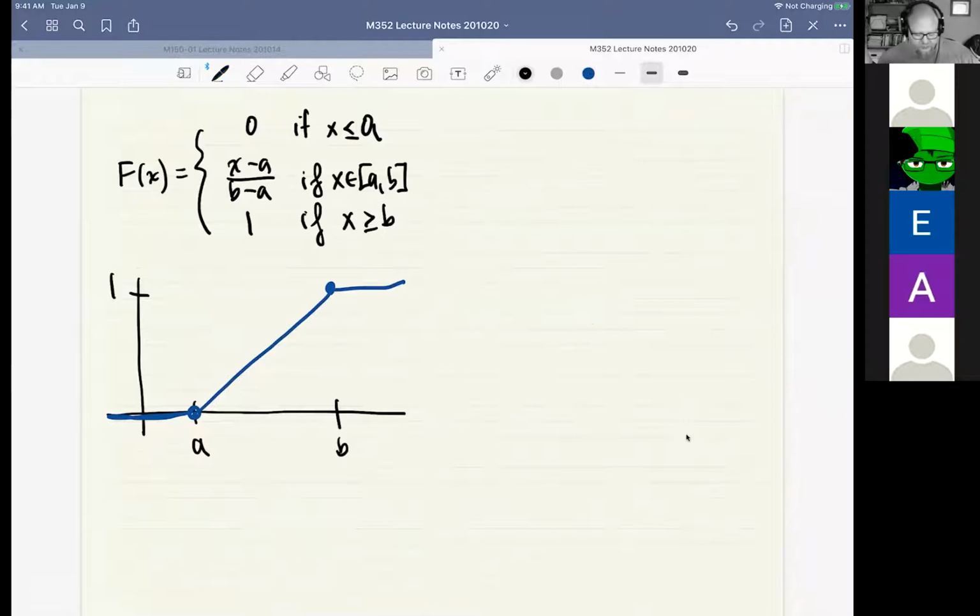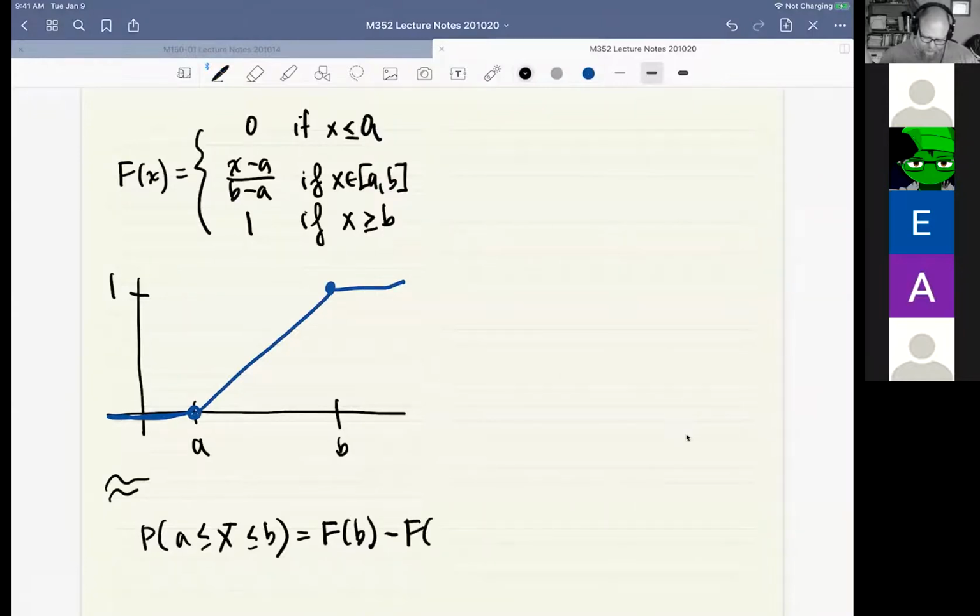So one of the reasons that these CDFs are useful is because if we want to calculate the probability that our random variable falls in this interval, that's exactly this difference in the values of the CDFs.